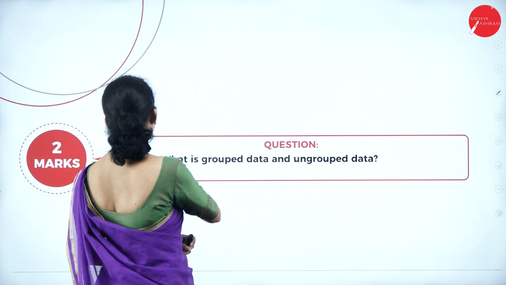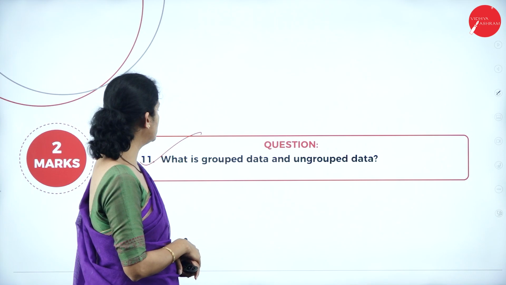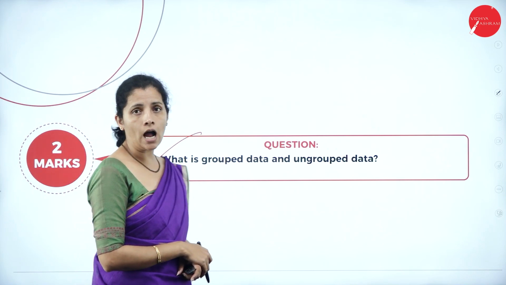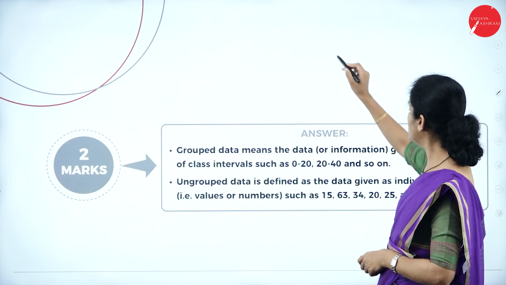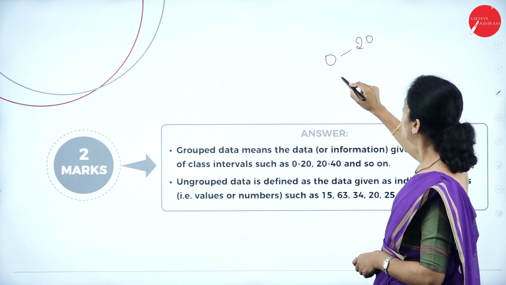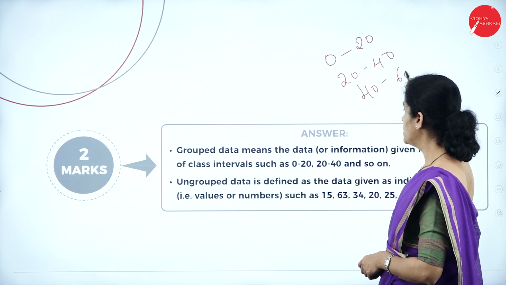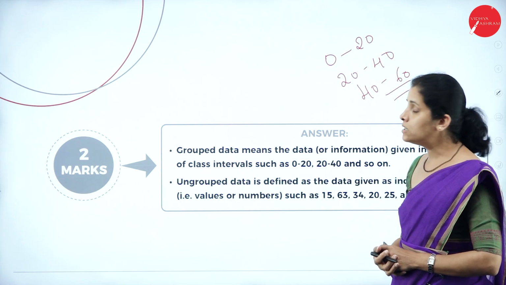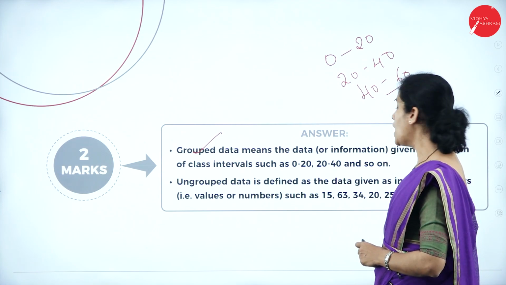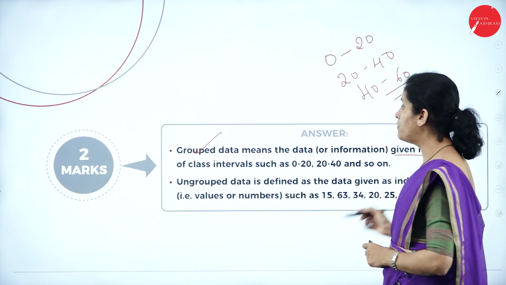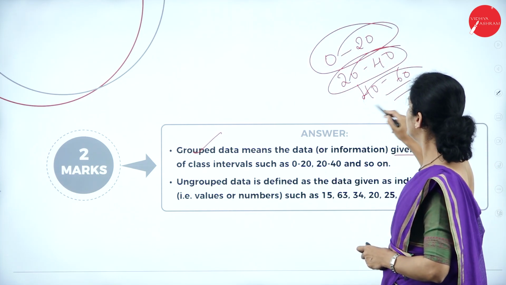Now, dear student, I am going to have another question from the 4th unit, that is, what is grouped data and what is ungrouped data? If I get ranges like 0 to 20, 20 to 40 or 40 to 60, then it is termed grouped data. Grouped data means the data or information given in the form of class intervals.